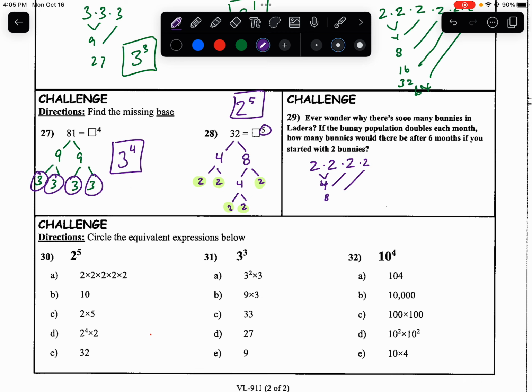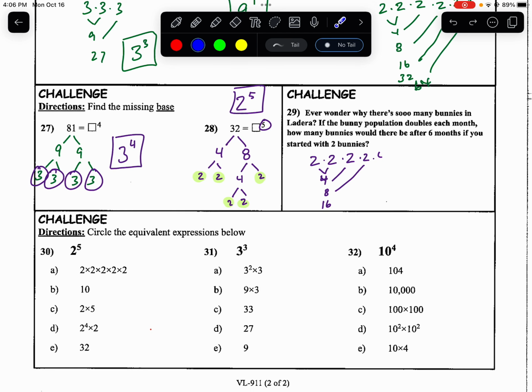3rd month, 16. Actually, that's not 0, that's 1. Oh, I wrote 4 again. Instead, I should have been writing 2. Give me a second, I am just making sure everything looks good.